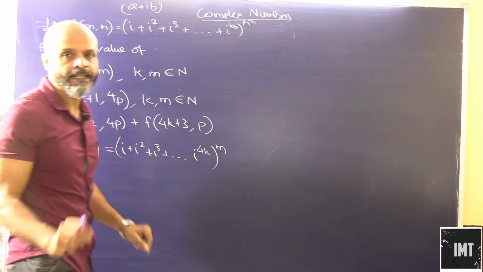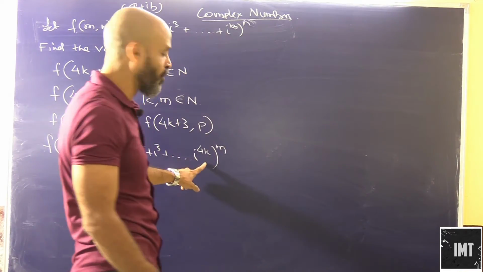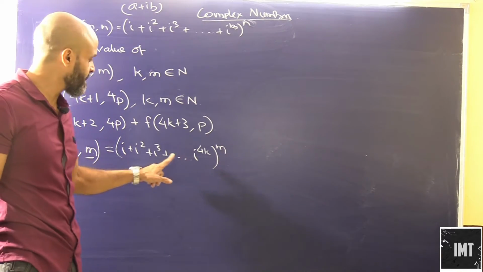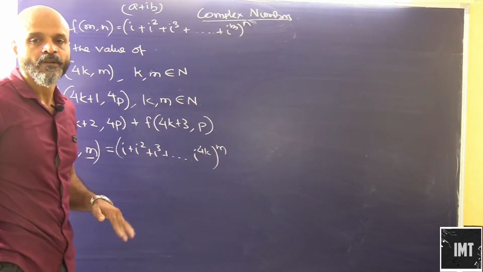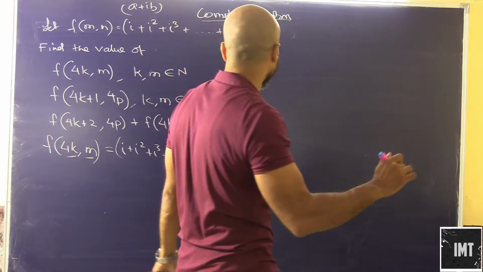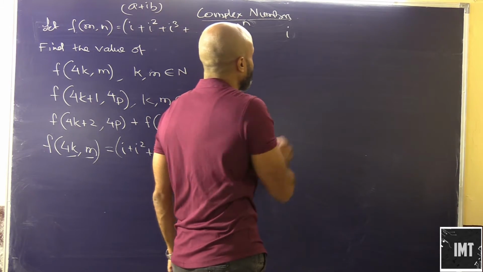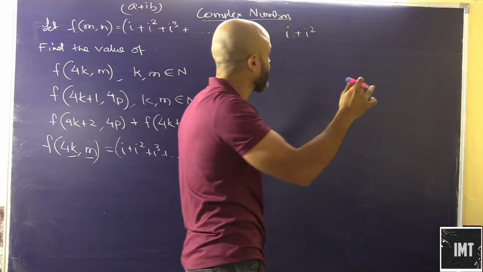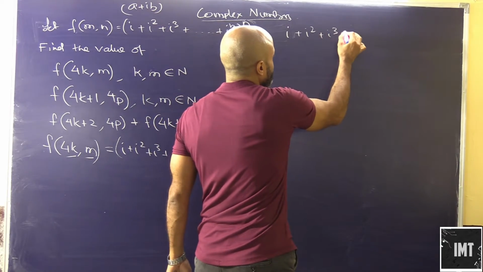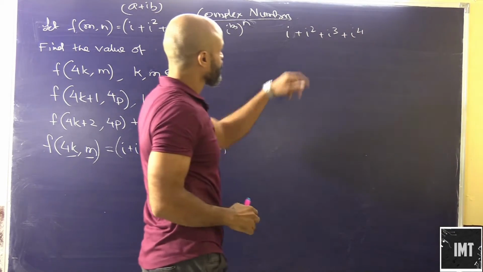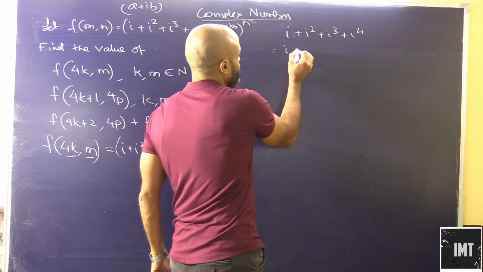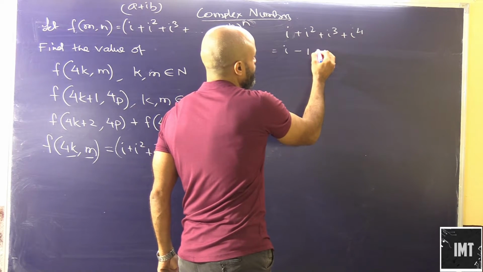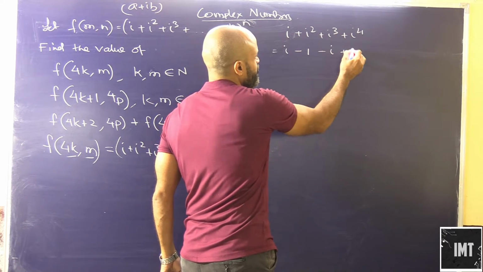So if I say 4k, it means that it is being added in multiples of 4 terms. Let's understand this. If I have i plus i square plus i cube plus i to the power of 4, what will this get me? i, this will be minus 1, this will be minus i, and this will be plus 1.